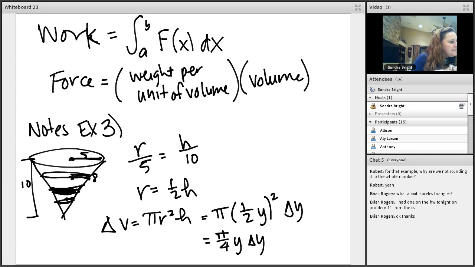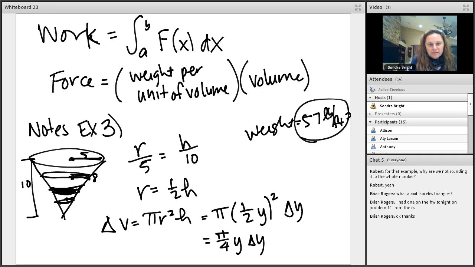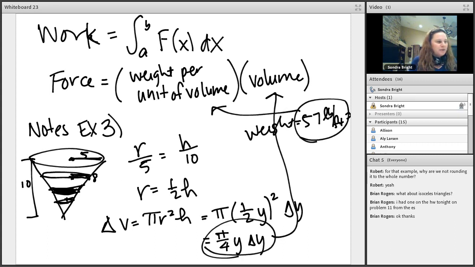And then they did give you the weight, so that's your delta V. The weight of the oil was 57 pounds per cubic foot. So the force is going to be this weight, and then this is that change in volume that you're going to plug in there for that force.